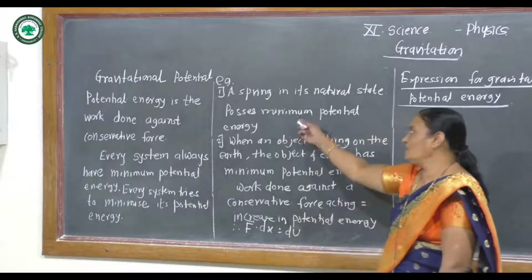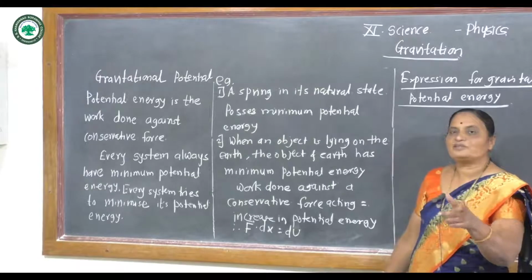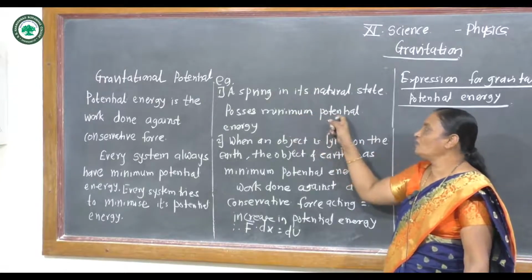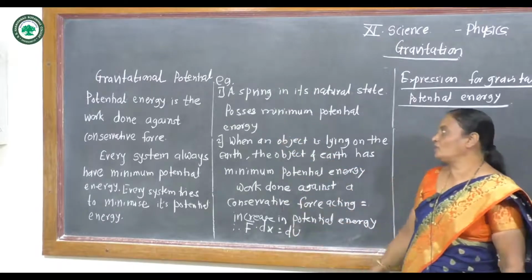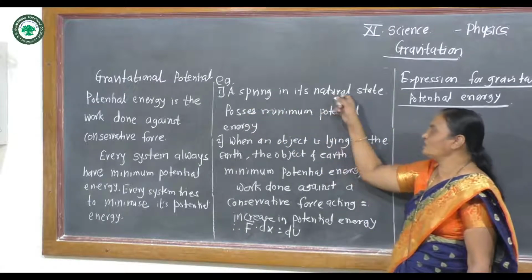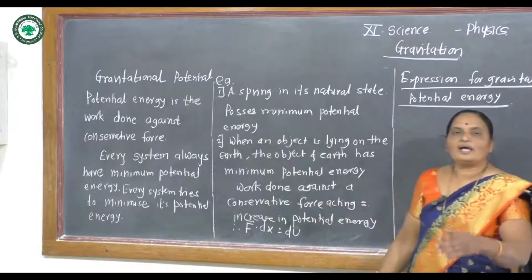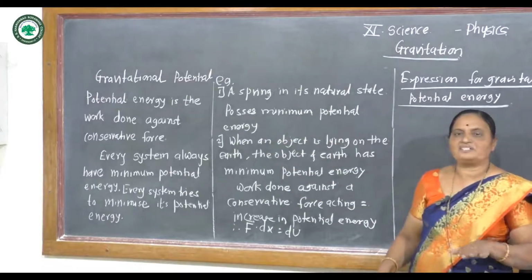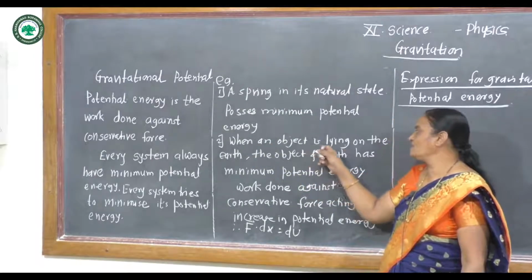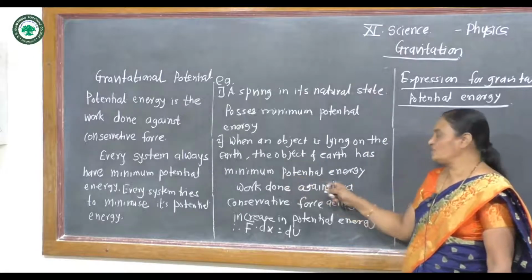Here we consider a spring: due to the rest position of the spring, or natural state, it possesses minimum potential energy. Hence we can say that a spring in its natural state possesses minimum potential energy. Now any object on the earth's surface has potential energy. When an object is lying on the earth, the object and earth have minimum potential energy.